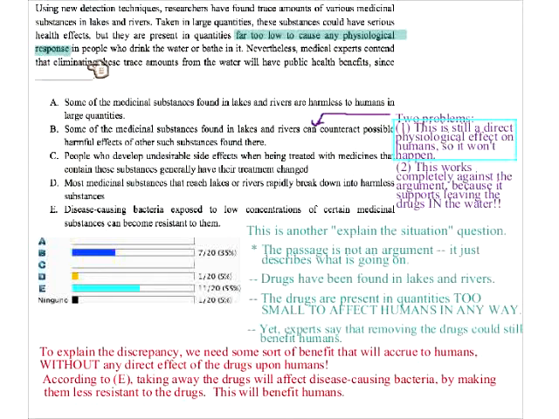So this is not a verb; trace is not a verb here. This is like small quantities. So there are small quantities in the water. The experts are saying that you should take those small quantities out. All right, hope that helps.